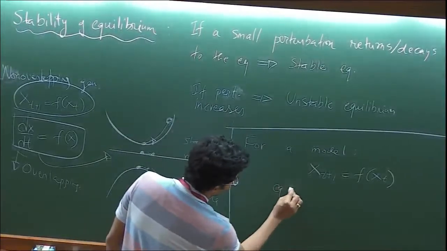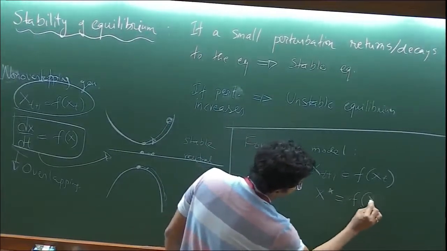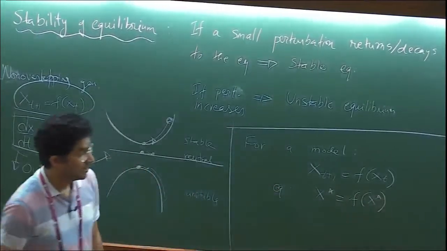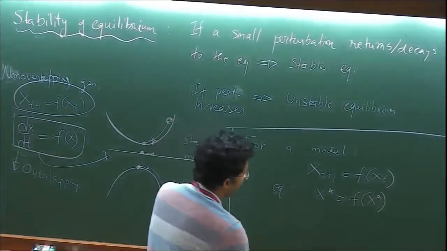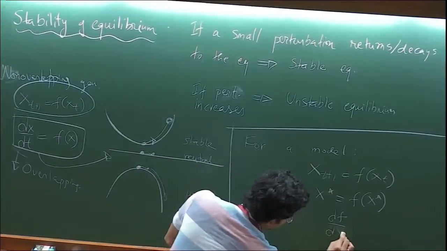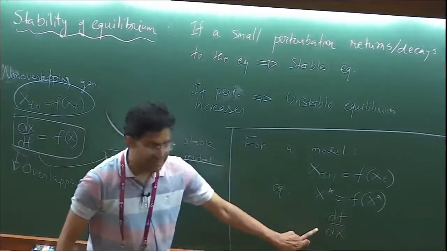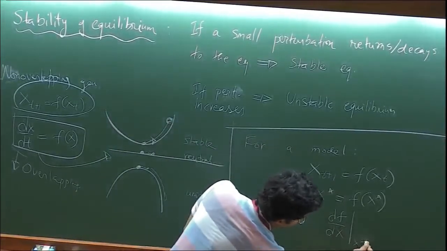How do we find equilibrium? I have already defined it. You find equilibrium by finding the solution for this equation. And once you have found the equilibrium solutions, what you do is evaluate this derivative, df/dx, at the equilibrium.